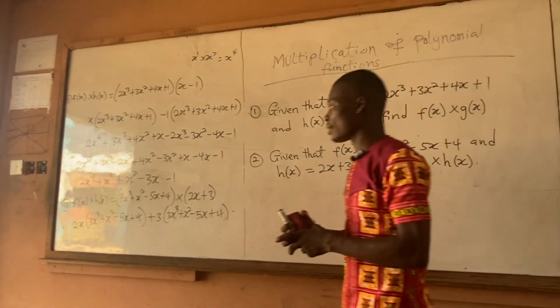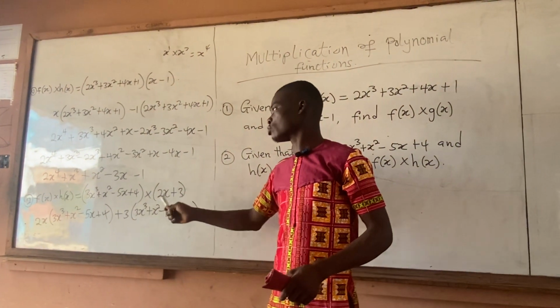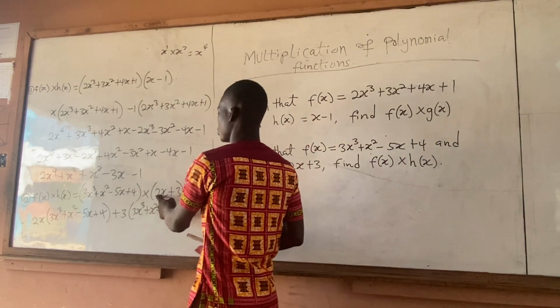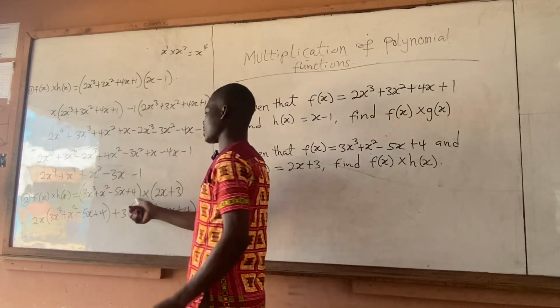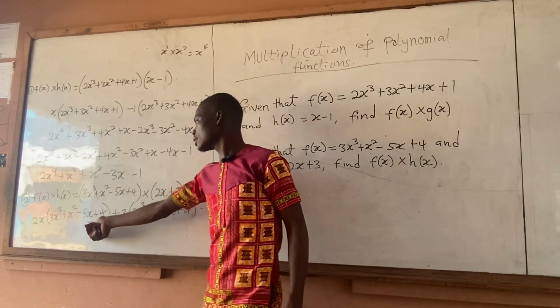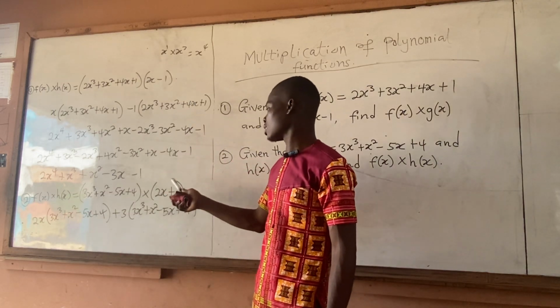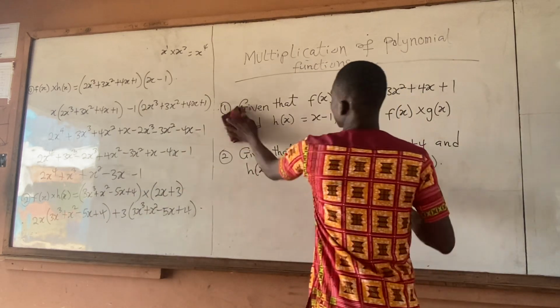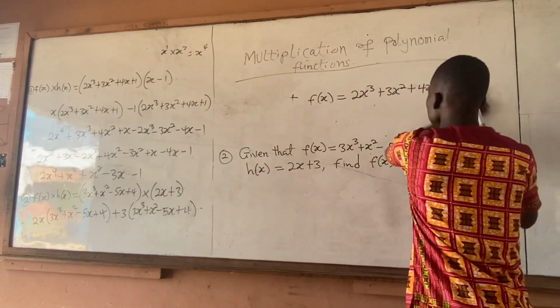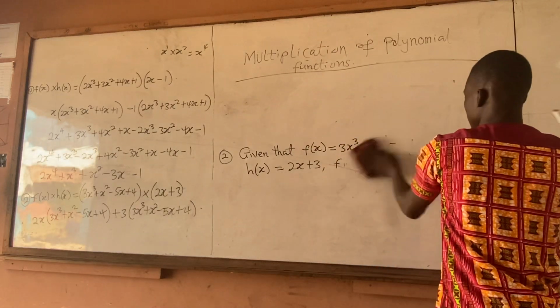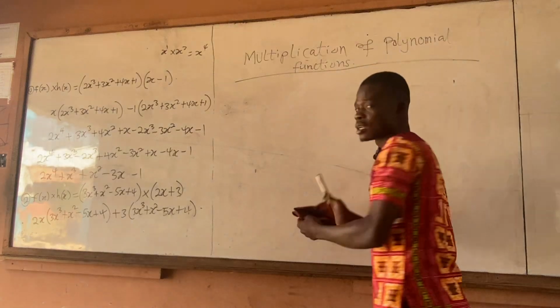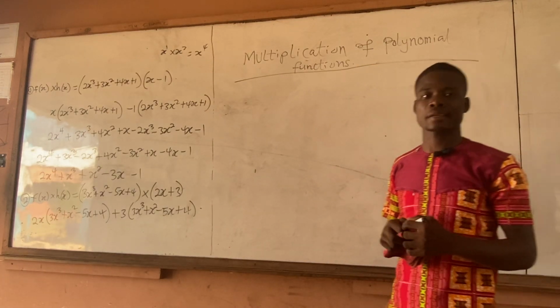When we use the two terms to expand the first bracket, when you take the 2x, you use it to multiply all the terms in the first bracket. And when you take the 3, use the 3 to multiply all the terms. So now let's try to expand and simplify.